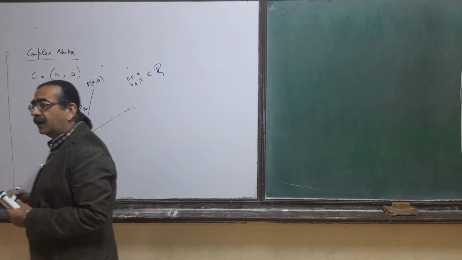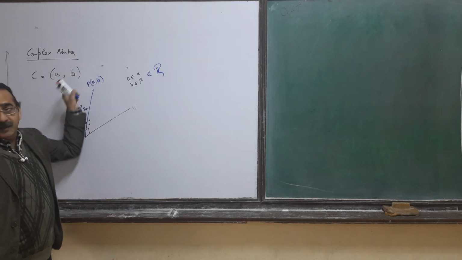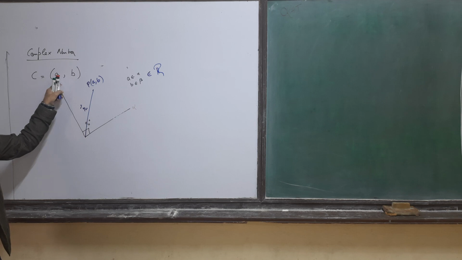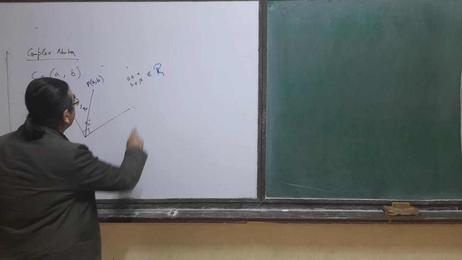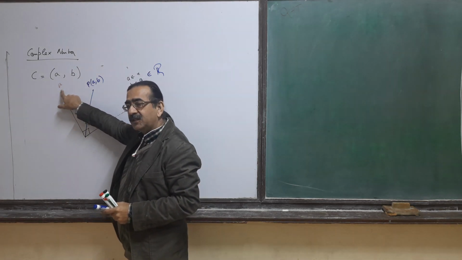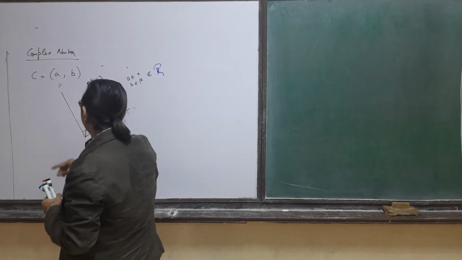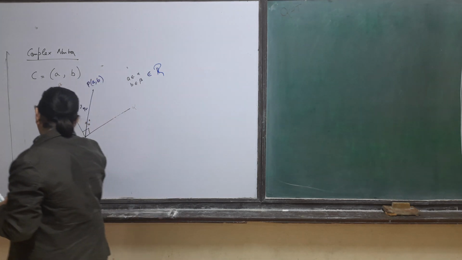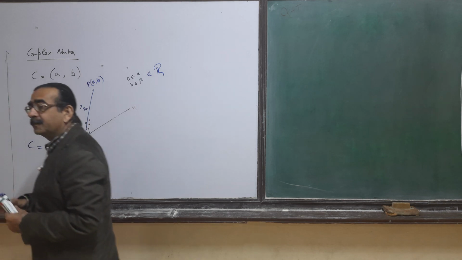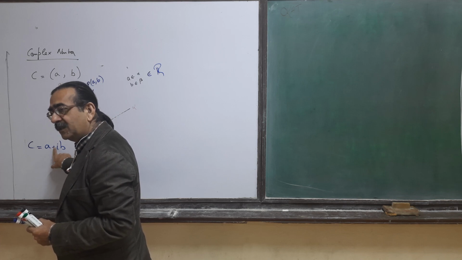A and B will be real numbers, but one will be along the real axis and the other along the imaginary axis. That means the orthogonal axis will be like an imaginary axis. So this C can be written as A plus iota B. A and B are real, but this is imaginary.